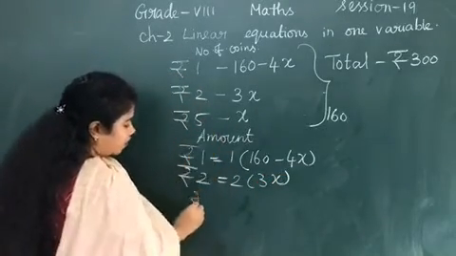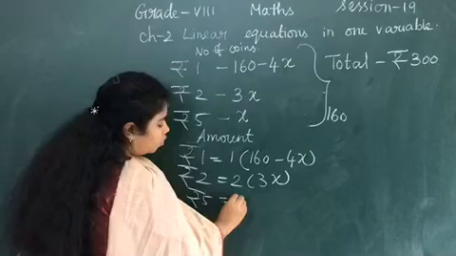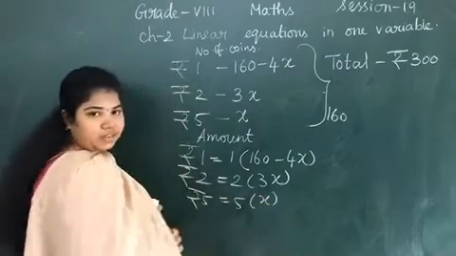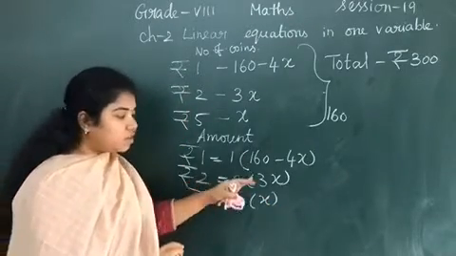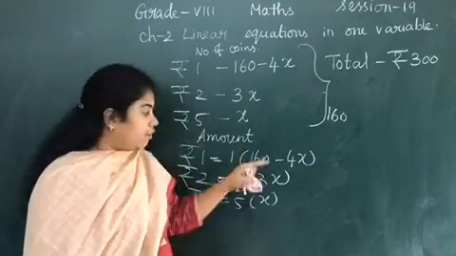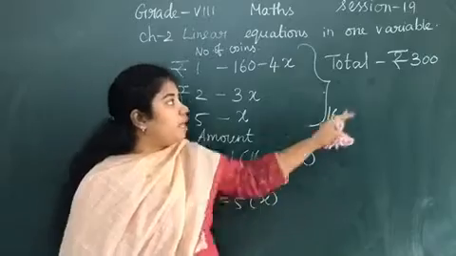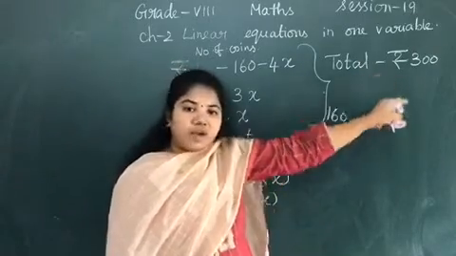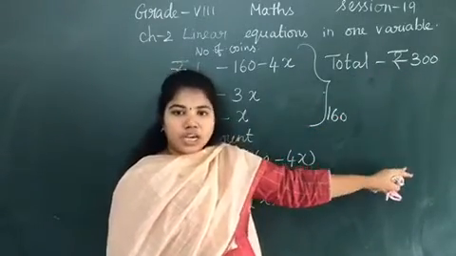For rupees 5, multiply 5 to the number of coins: 5x. Can you understand? So this is the number of coins and this is the amount. If you add these three and put equal to 300, you can find the x value. Are you clear about it?